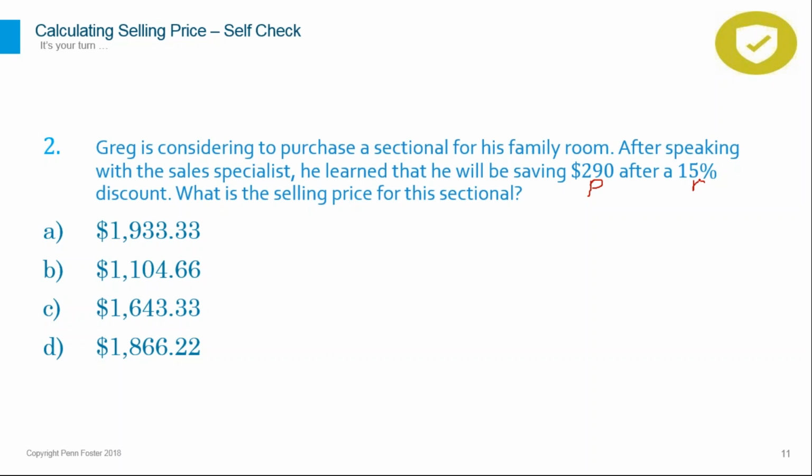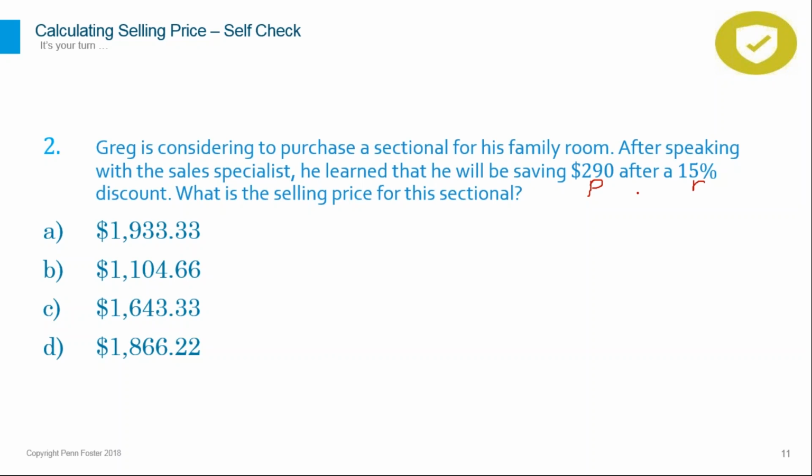Now we have the percentage and we have the rate. We can do it one way. I'm just going to start the problem and leave you to do the rest. We try to find the base, then find the savings and subtract the savings from the base, which is the tag price.